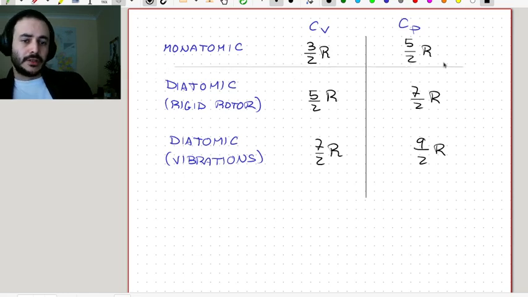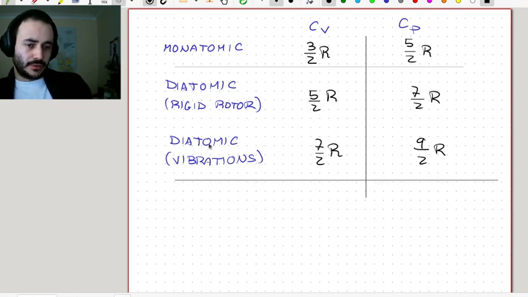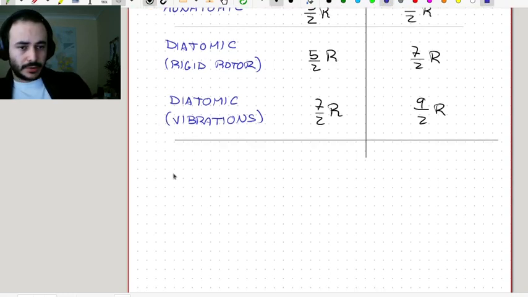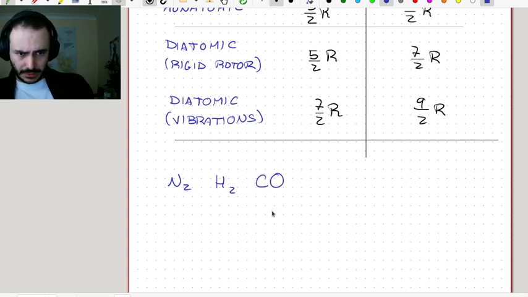So, okay, the monatomic gas is the monatomic gas, but if we have to make a bet, what is it that we are going to measure if we go to the lab and measure the heat capacities of actual diatomic gases? For instance, the examples I put in the lecture notes, which would be nitrogen, hydrogen, and what else? That's carbon monoxide.